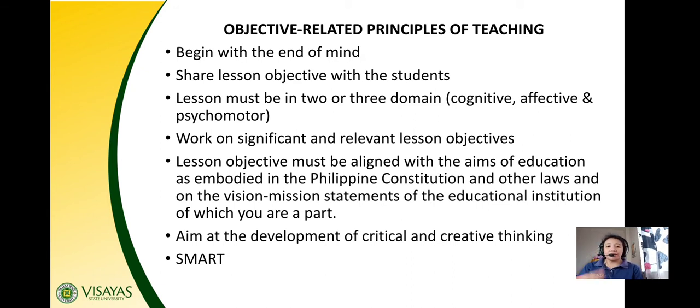So, it should be with cognitive, affective, and psychomotor. Then we have work on significant and relevant lesson objectives. So, always have the objective that will help to develop the student, achieve their needs, and of course, be connected to their life experiences.